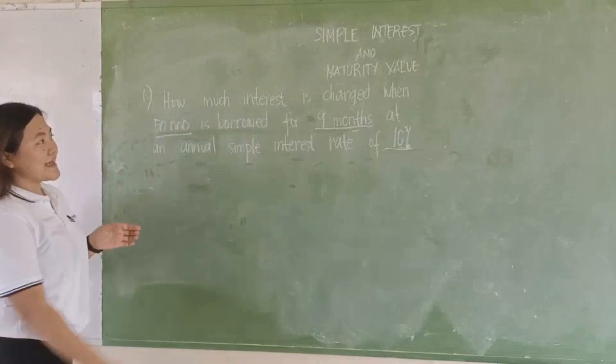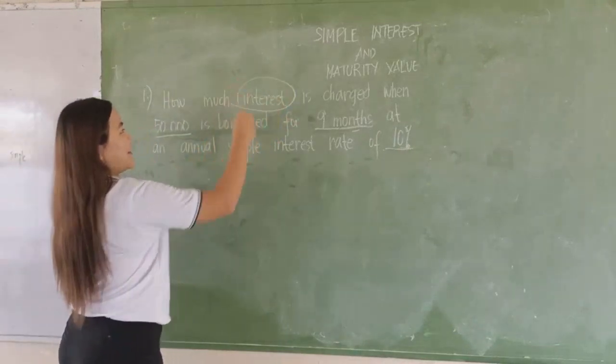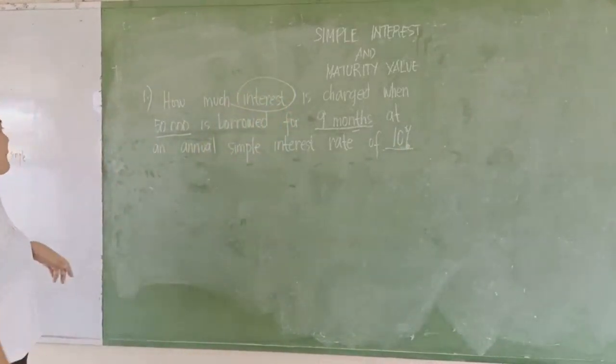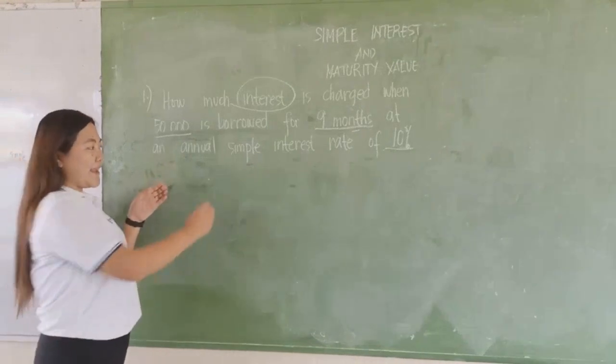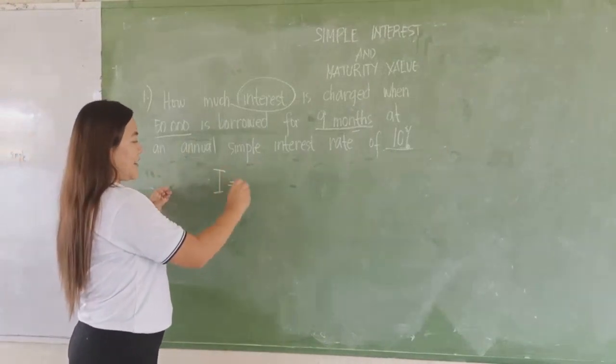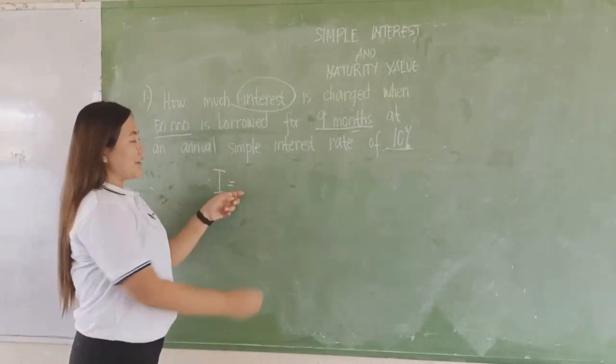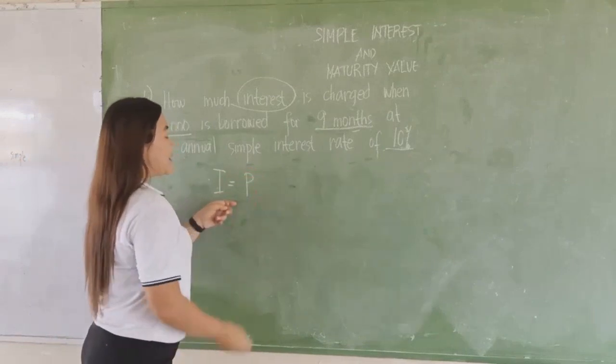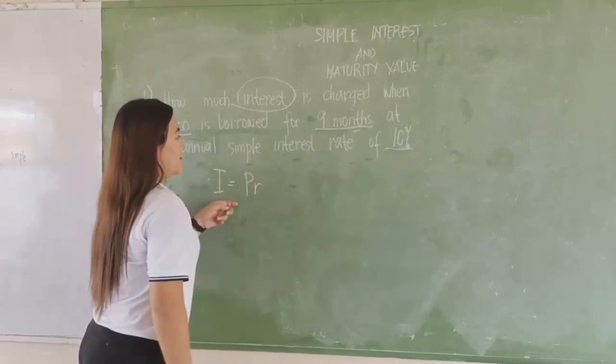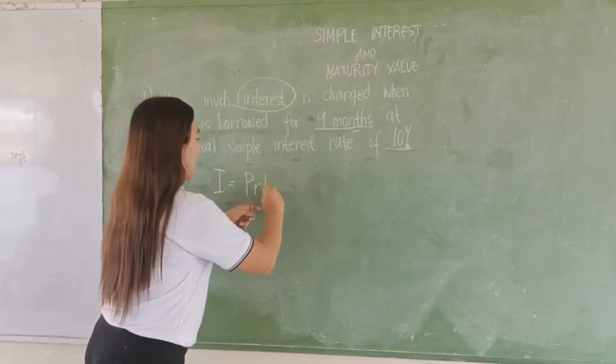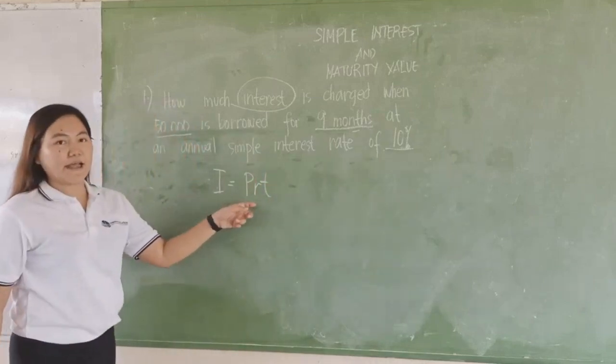So, ibig sabihin, ang hinahanap natin dito is yung interest. So, ang formula natin to find that is I, or the interest, is equal to P, the principal, times R, the interest rate, times T, which is time.